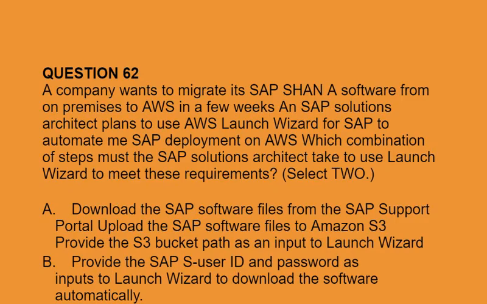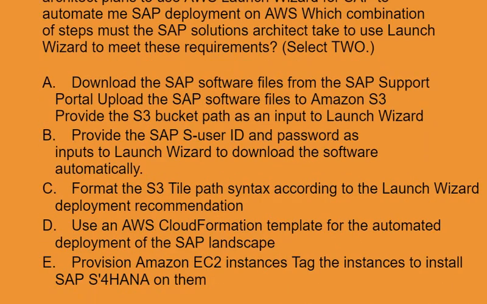Select two options. Option A: download the SAP software files from the SAP support portal. Upload the SAP software files to Amazon S3. Provide the S3 bucket path as an input to Launch Wizard. Option B: provide the SAP S-user ID and password as inputs to Launch Wizard to download the software automatically.